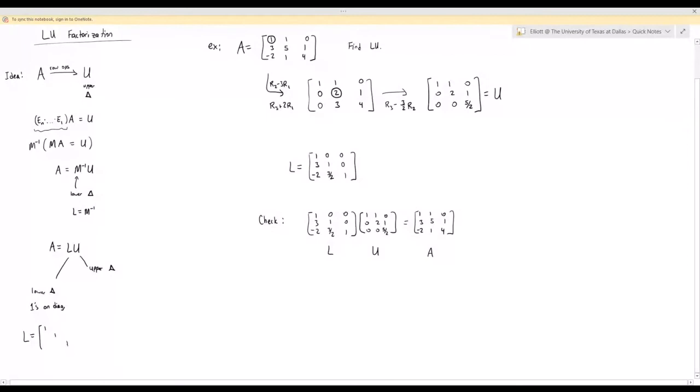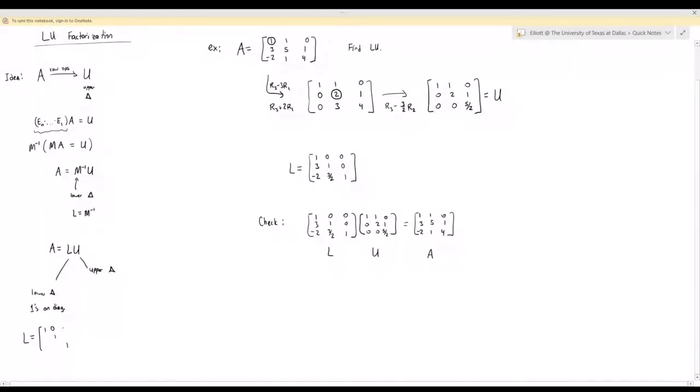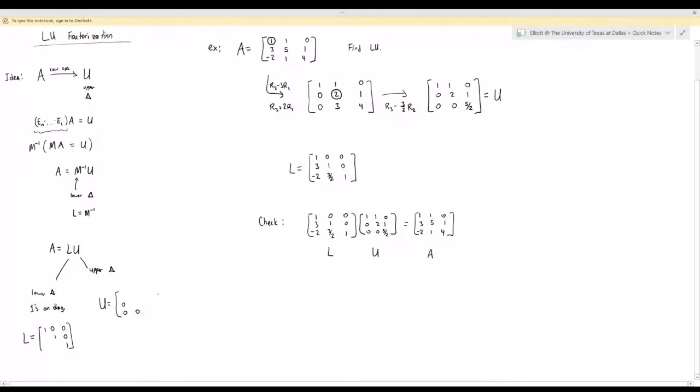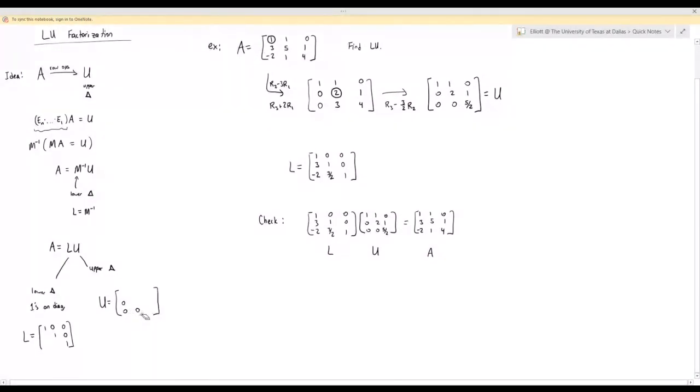Ones on the diagonal, and to be lower triangular, it means there's zeros up top. U is upper triangular, so it has zeros on the bottom, like that. Although for U, the diagonal entries don't have to be 1, at least not for the LU factorization. So your U will generally look something like this, okay? All right. So that's kind of nice. We have a way of factoring a matrix as a product of a lower and an upper triangular matrix.